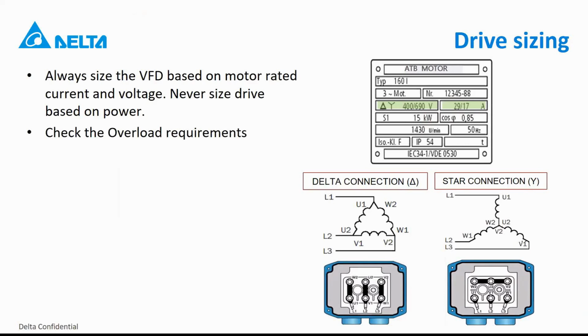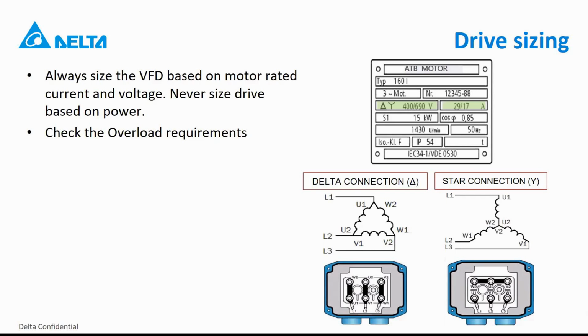Also, very important to keep in mind is to check the overload requirements. Normal fan and pump applications don't really need so much overload. But if you are using the drive on a vertical application, so if you're using it on a hoist or on a crane, then overload becomes very important.